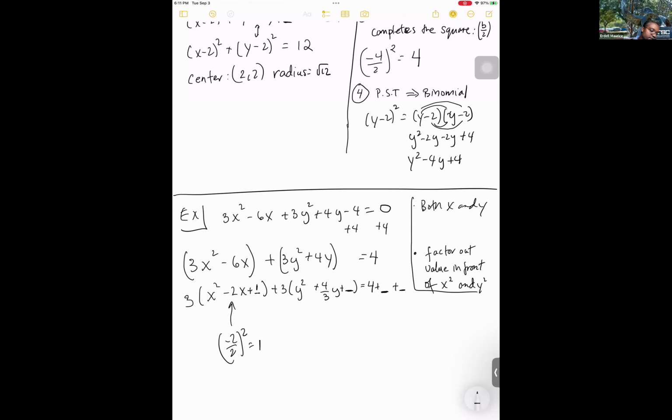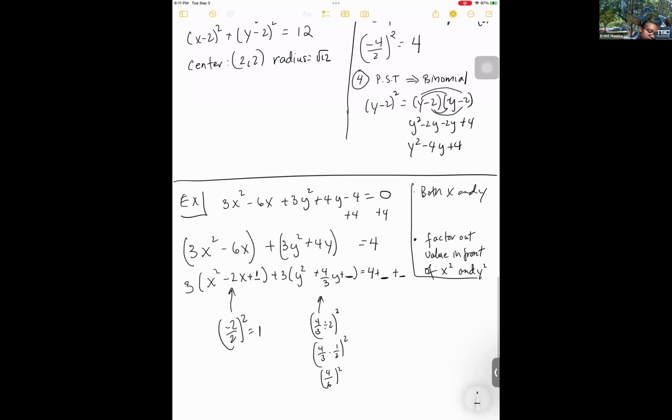To find the second value over here, that's going to be 4 over 3 divided by 2 squared. That's going to be 4 over 3 multiplied by the reciprocal. That's going to be 4 over 6 squared, which is 2 over 3 squared, which is finally 4 over 9.